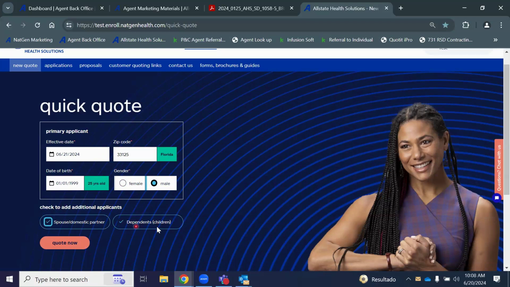Dependents are anyone that is under 26 years of age, spouse, husband, wife, domestic partner, what it might be. When you hit quote now, in that next page, you would put in the gender of the spouse, the date of birth of the spouse, and the same information for the dependent. For this example, I'm simply going to do one person just to keep it simple. And I'm going to hit quote now.